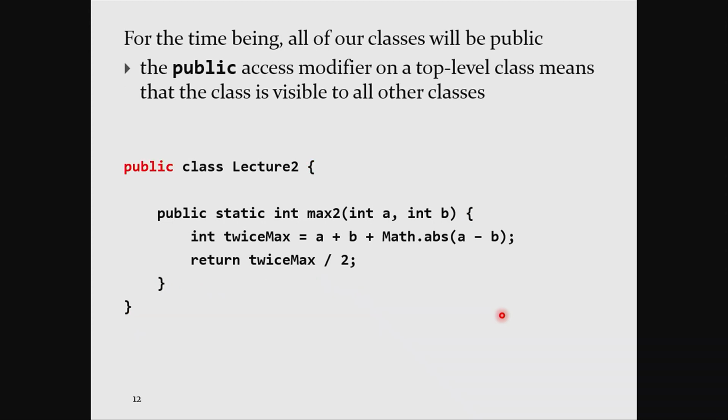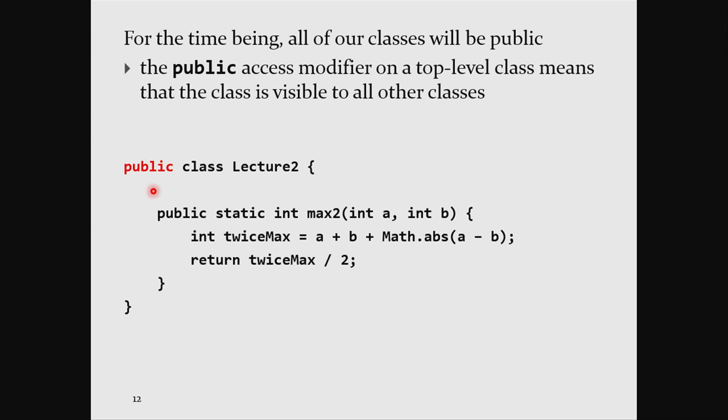Okay, so for the time being, all of our classes are public. It's not till about halfway through the course that we start talking about classes that are not public. So for now, whenever you make a class, just make it public. The public is what's called an access modifier. An access modifier determines what other classes can see the class that you're creating.